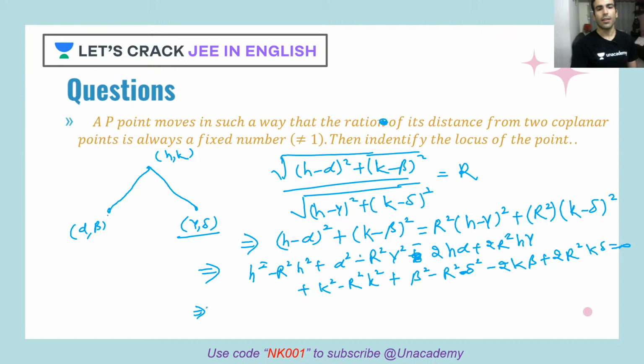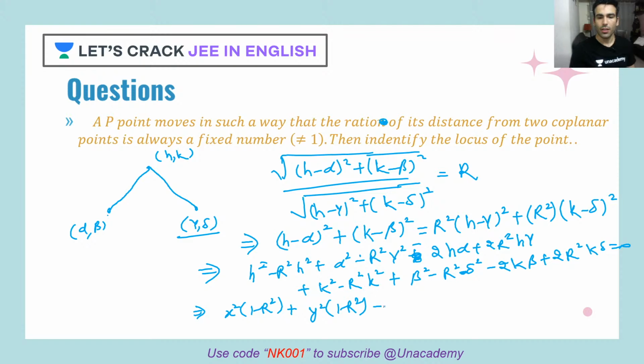Now I'll replace h and k as x and y. So what do I get? x square (1 minus R square), y square (1 minus R square). So these terms are done.